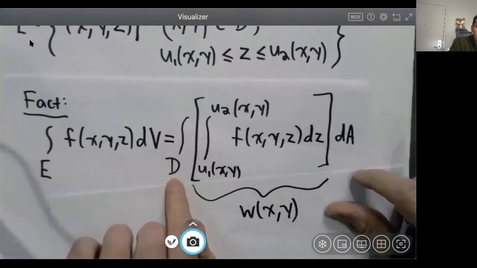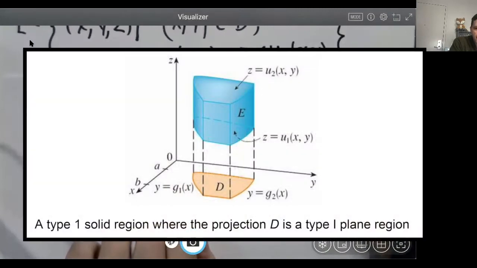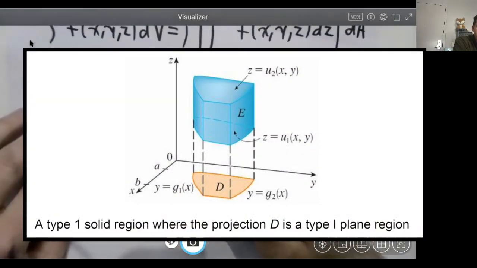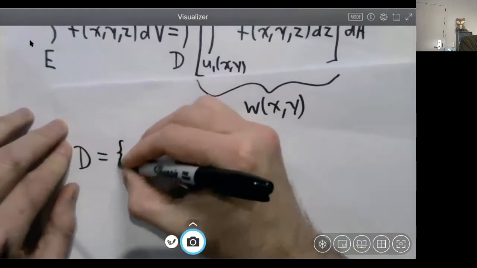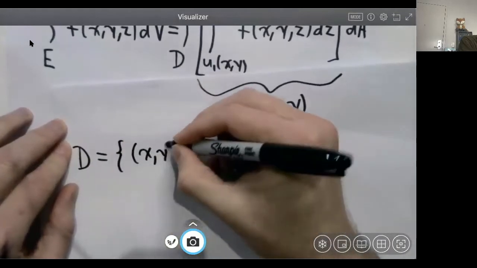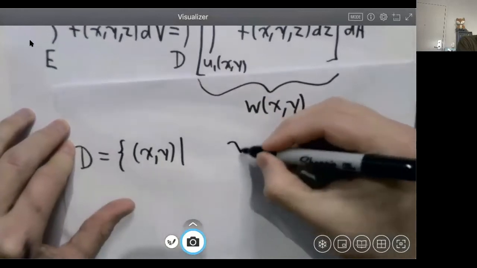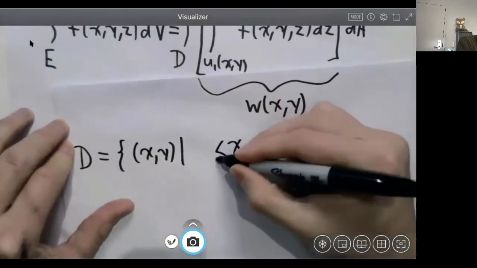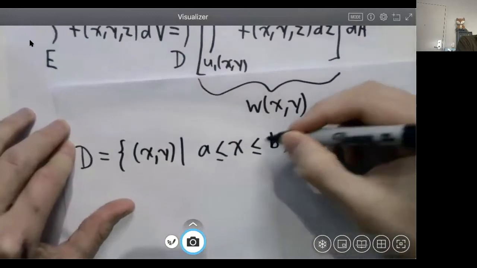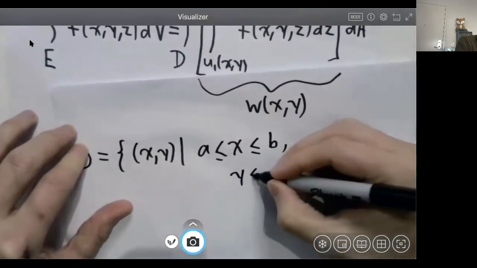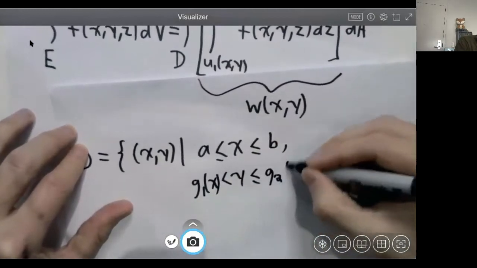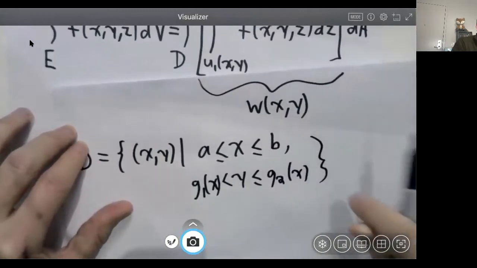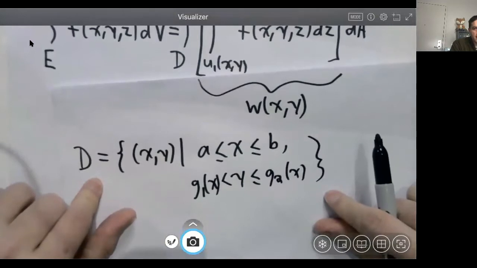In particular, suppose that D happens to be a type 1 region in the plane. In other words, suppose that D can be described as the set of all points x comma y such that x is in between a and b and y is in between g1 of x and g2 of x. This is how a type 1 region can be described.